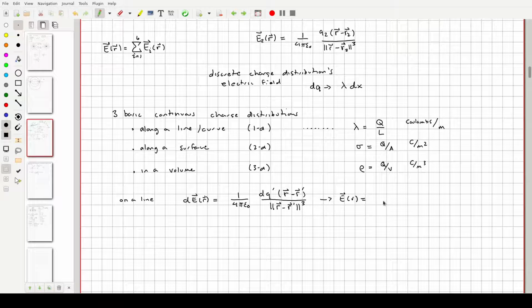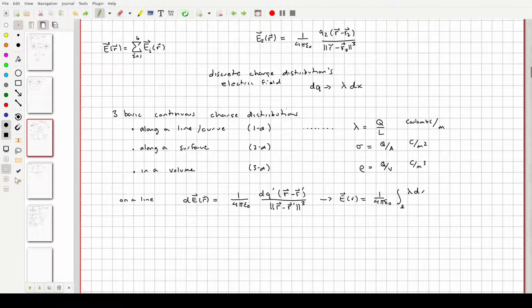And on the right-hand side, you have 1 over 4 pi epsilon naught, the integral over whatever the length of your charge is, the curve or whatever it is, lambda dx prime. Actually, let's not assume anything like that.